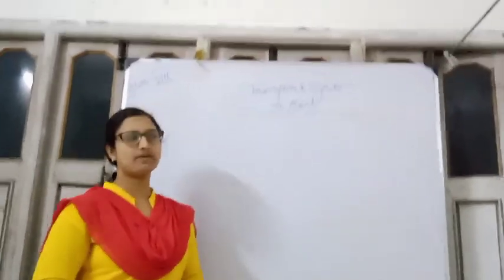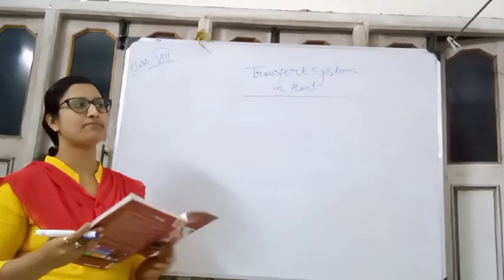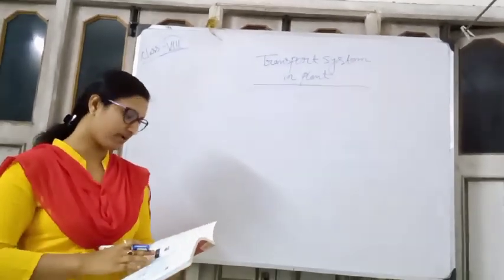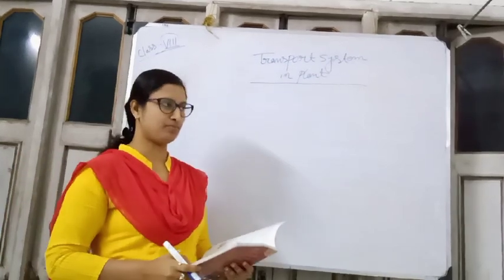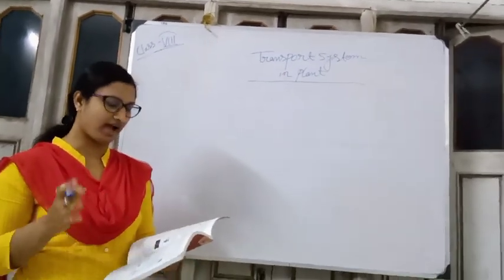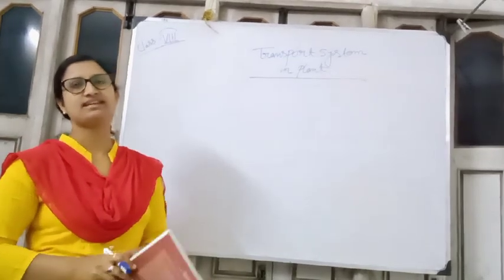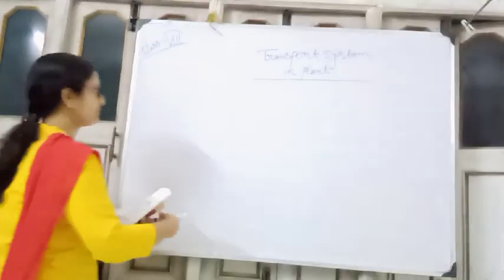In unicellular plants, this is a transport system. They absorb the water by the diffusion process. But the mechanism of transport system in higher plants is different. They have two types of tissue: the xylem and the phloem.